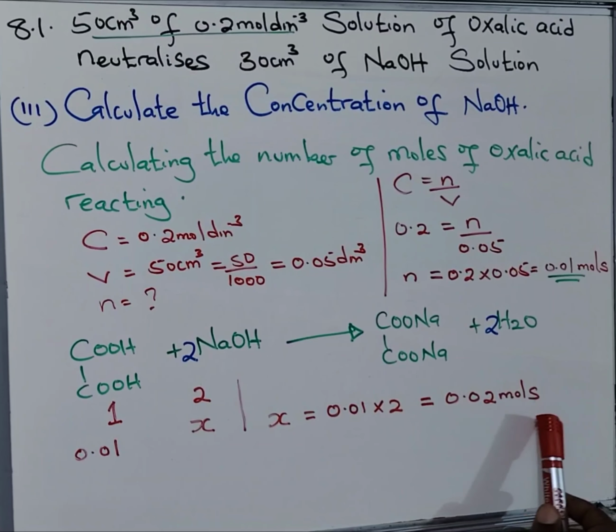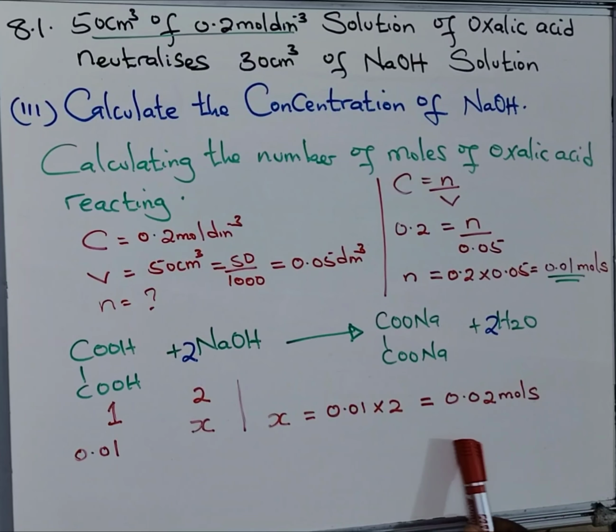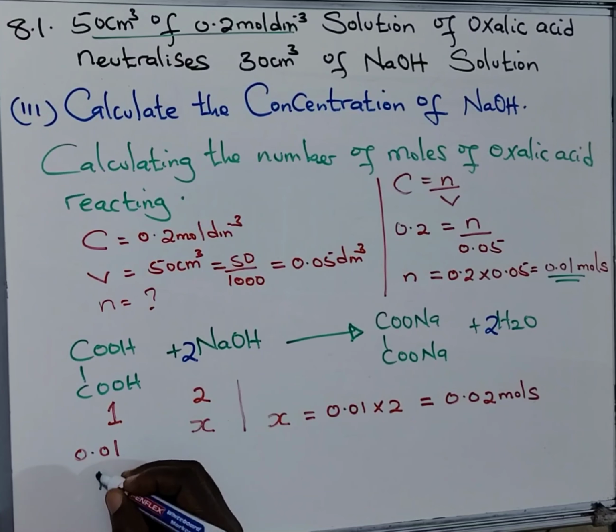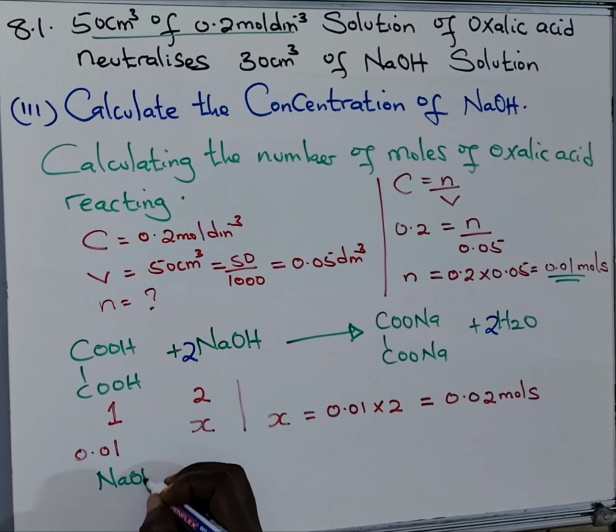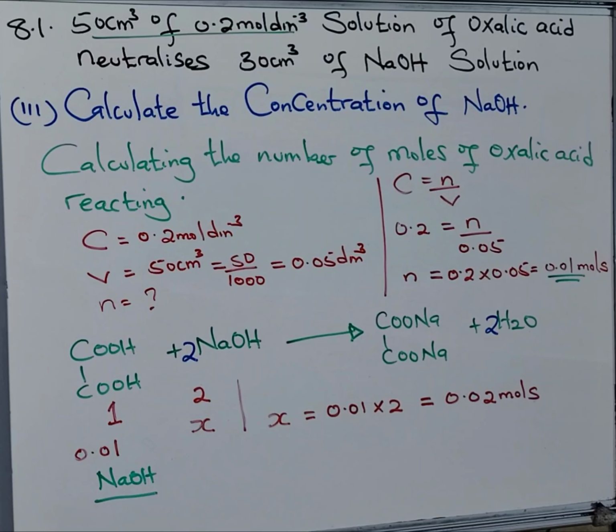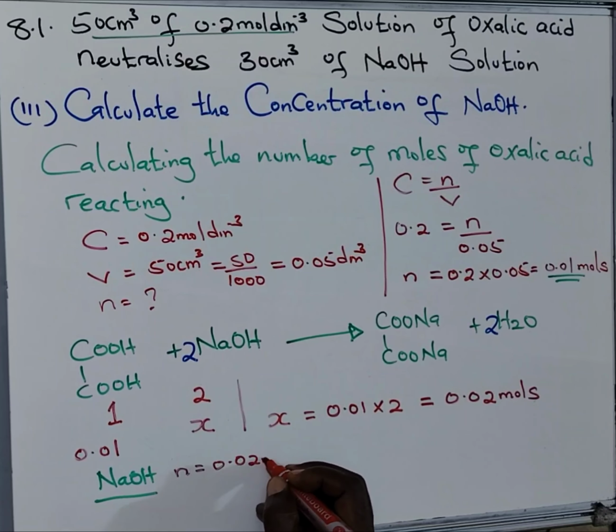So what are these? These are the number of moles of sodium hydroxide which reacted. Under the circumstance, you list everything you know about sodium hydroxide. This is sodium hydroxide. What do we know about it? We know the number of moles which reacted. We know n, which is going to be 0.02 moles.